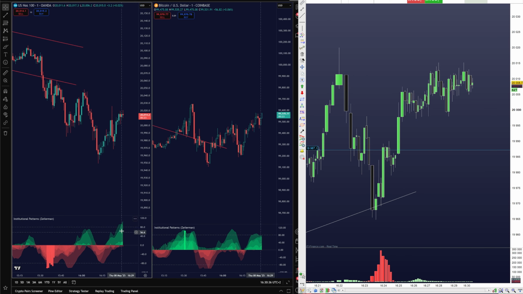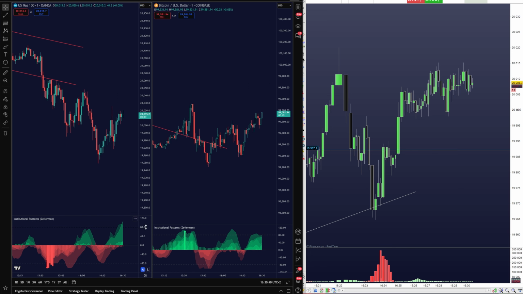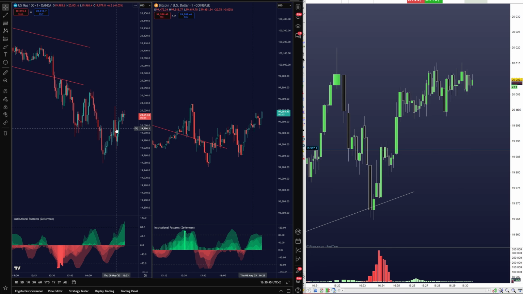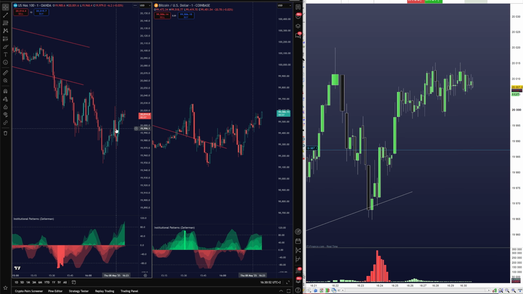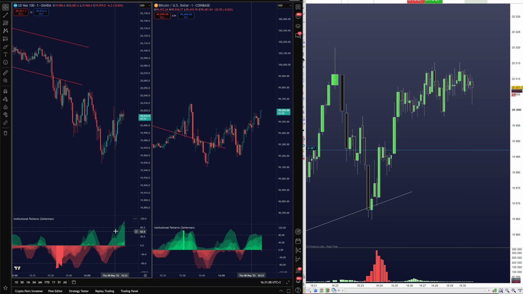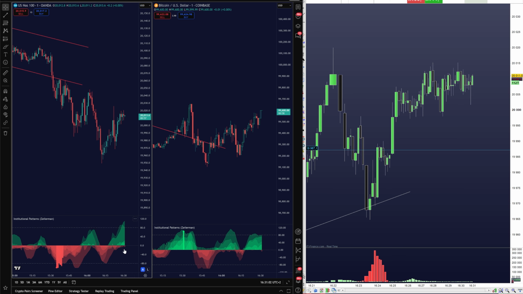And momentum is actually breaking the threshold level right now in the institutional pattern indicator. That is also a sign of a little bit of overbought, but in this case it's a sign of strength, right? It's a sign of bullish strength, that we had the power to come back up at the overbought level.